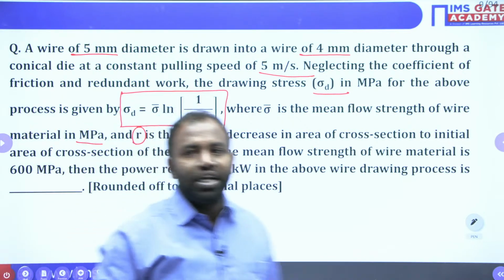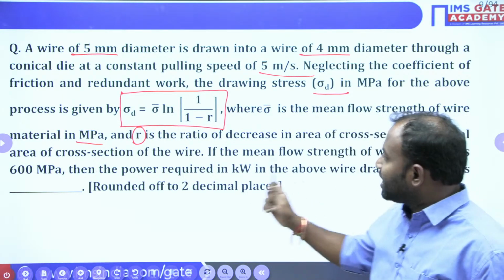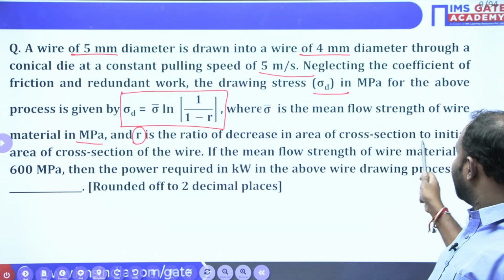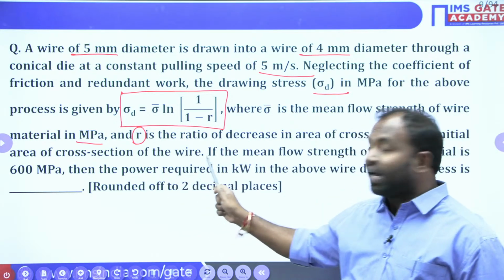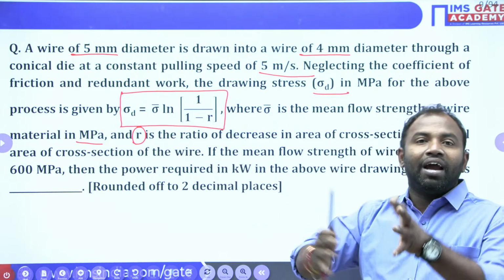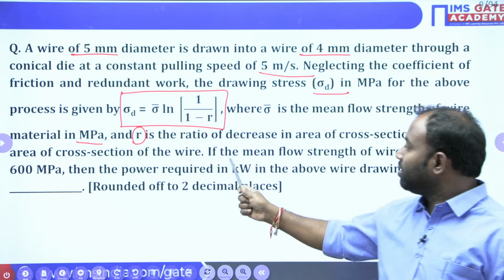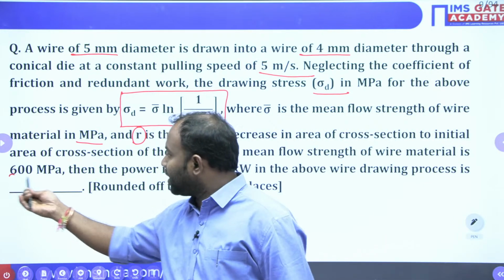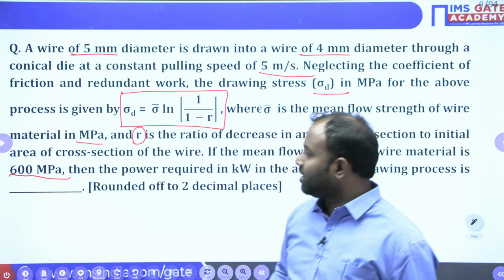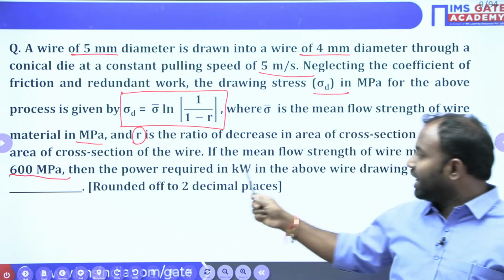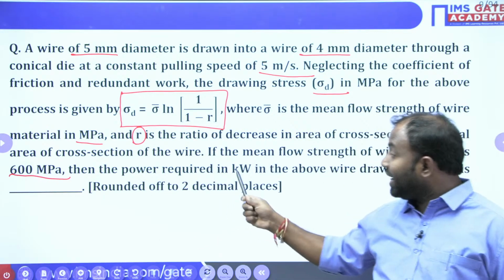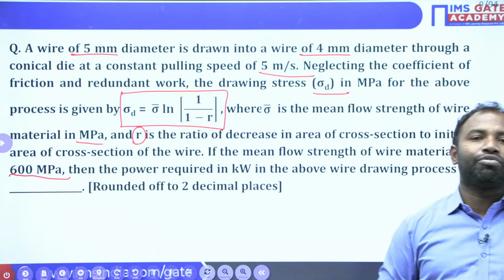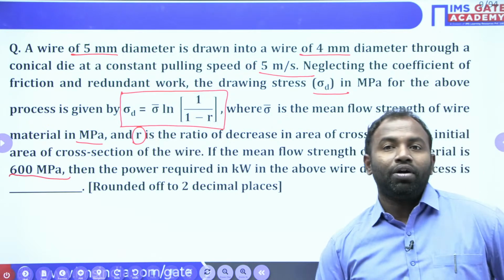Read the statements carefully, guys. If the mean flow stress of the wire material is 600 megapascal, then we have to find the power required in kilowatts for the above wire drawing operation.